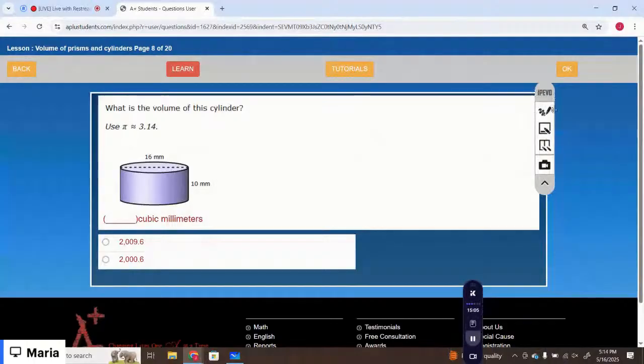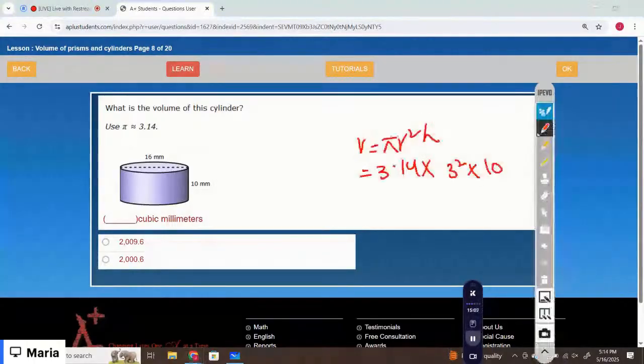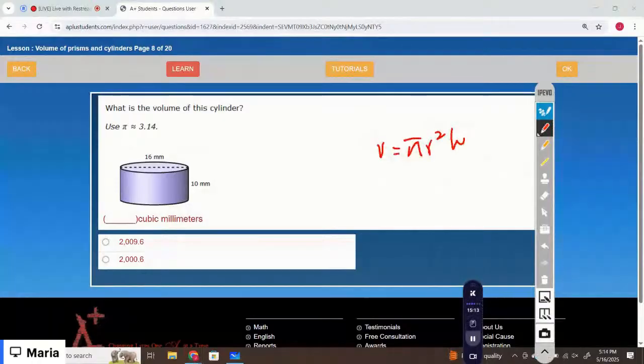What is the volume of the cylinder? That is V equals pi r squared h. We need to calculate r over here because you are given the diameter.